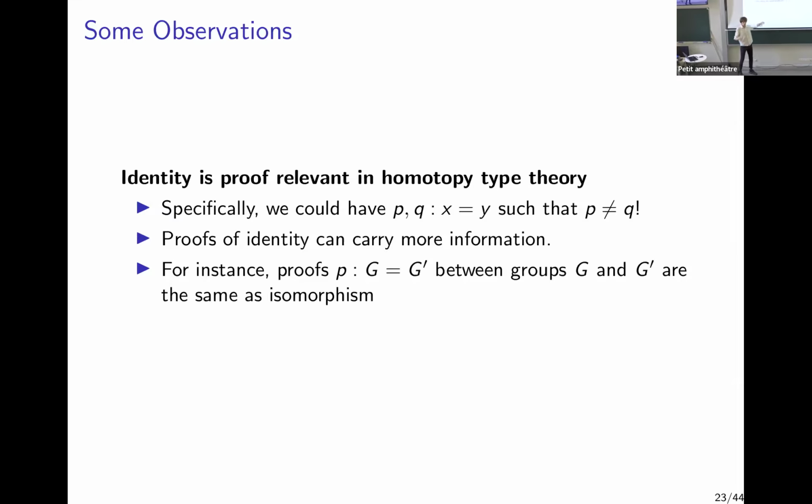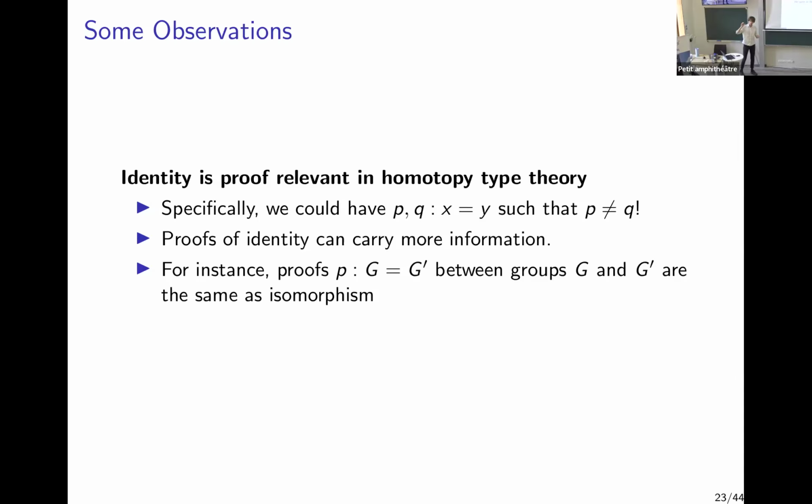For instance, in homotopy type theory, one can prove that an equality between two groups is the same as an isomorphism. This is an interesting aspect of homotopy type theory. And this is something that actually reflects what one usually does in mathematics. If we do group theory, we generally don't work with groups up to equality. That's just weird. No one does that, and no one should want to do that.